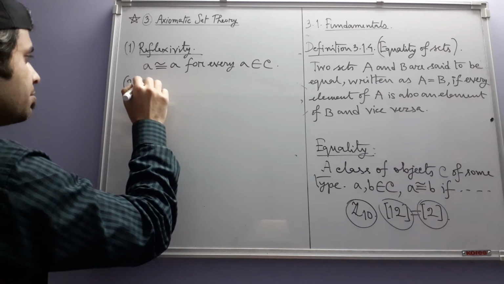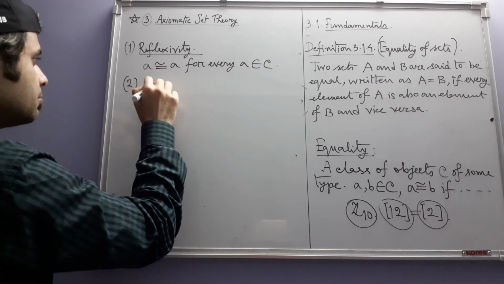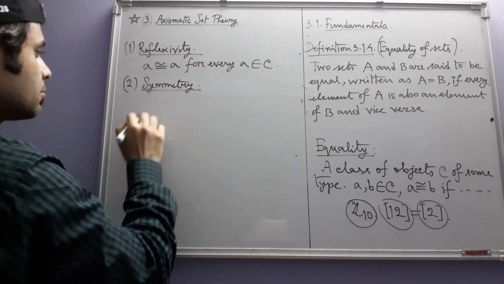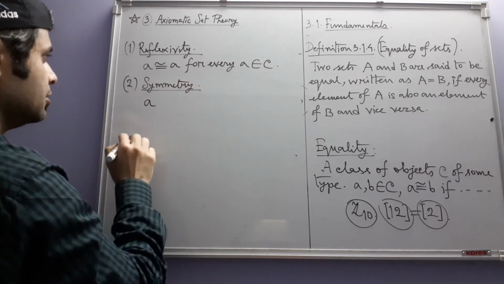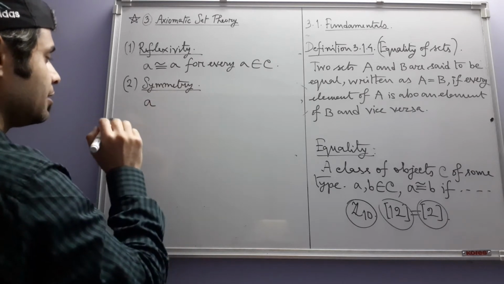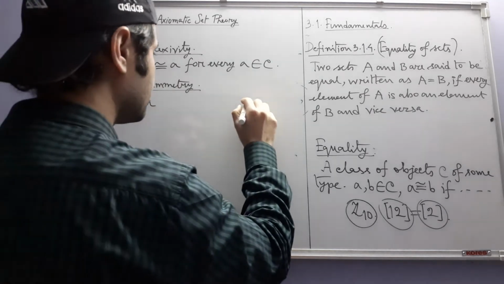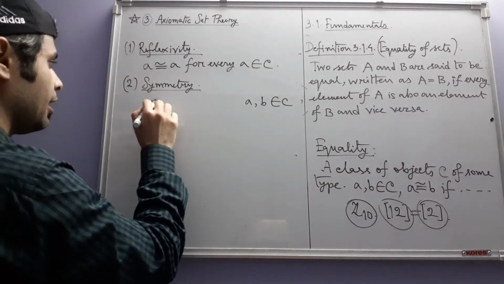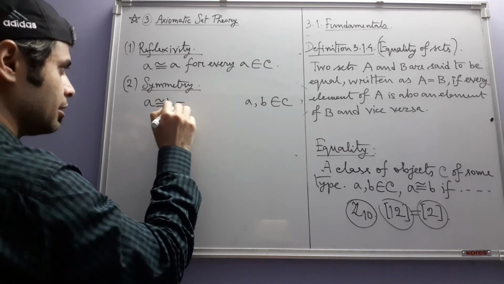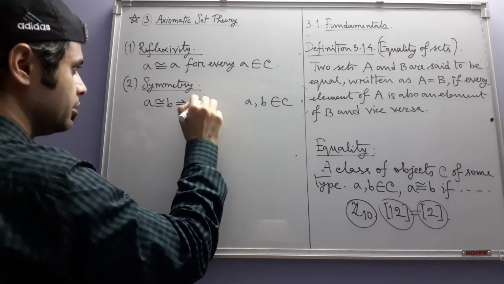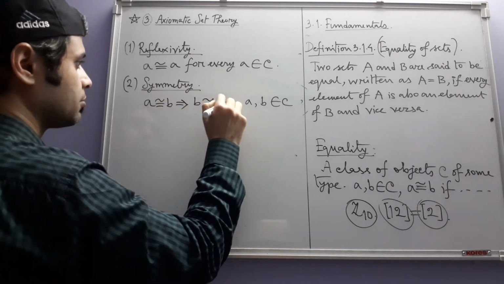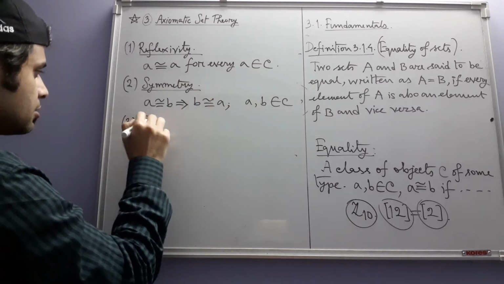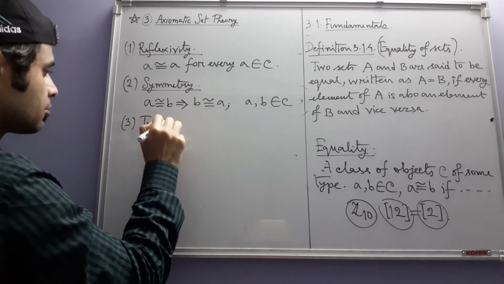Then we have symmetry. You are familiar with this also. If A and B are two objects in my class of objects C, and A is equal to B, then that implies B is equal to A. Then the third one is transitivity.